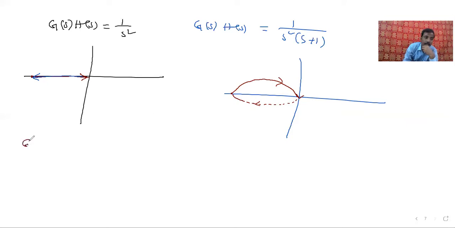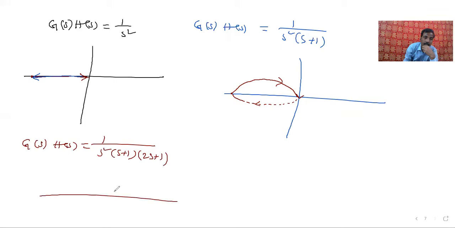When G of S, H of S equals 1 by S square, S plus 1, 2S plus 1, again starting from the same point, this is the polar plot, and the Nyquist plot, the mirror image, is this. So this is the polar direction, and this is the Nyquist direction.